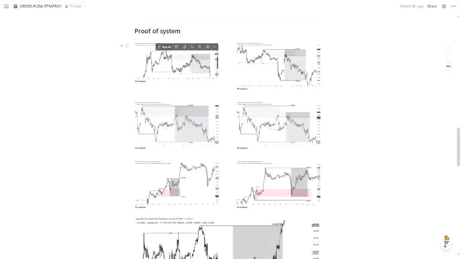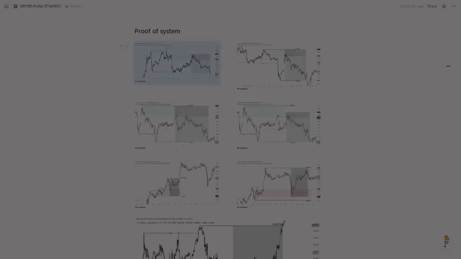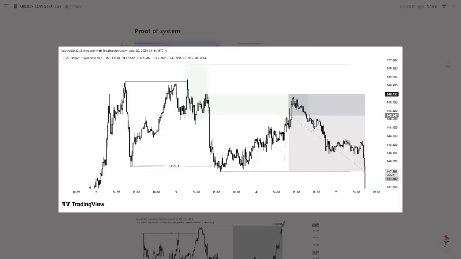But essentially, these are all of the trades that follow the exact system: determine trend direction, mark out trading range, mark out order flow within the trading range, set your entry, stop loss, and take profit. You can go right now to USD JPY on M15 structure, and you will be able to find all of these.